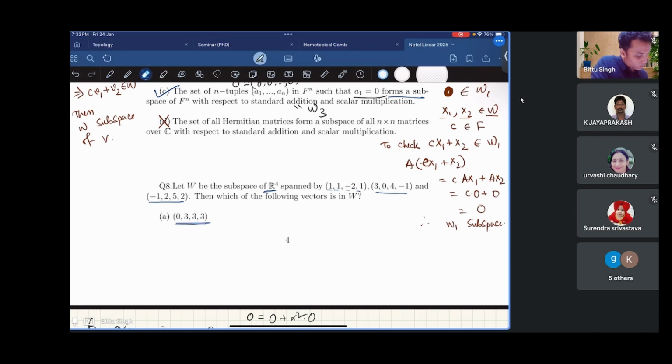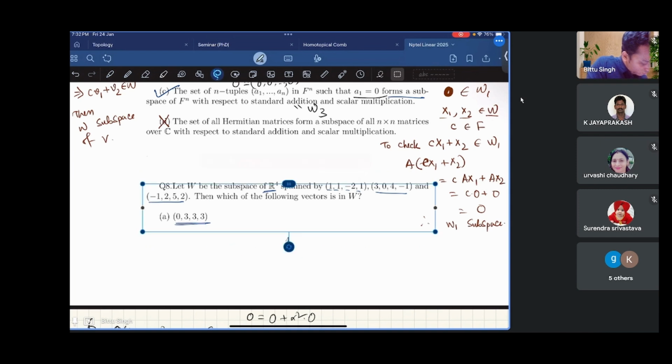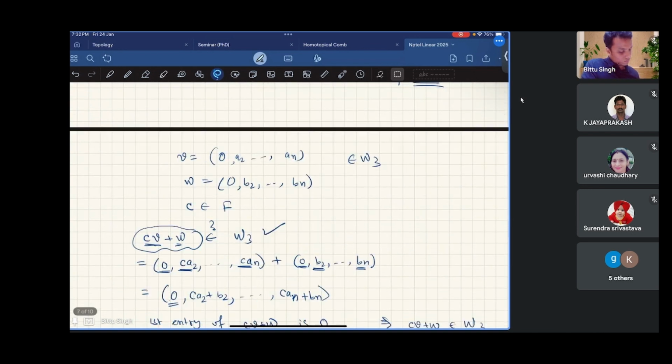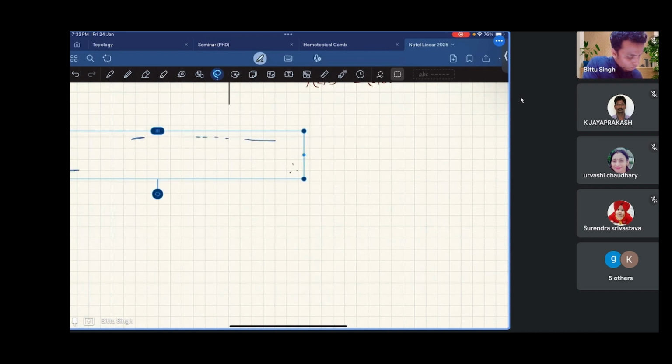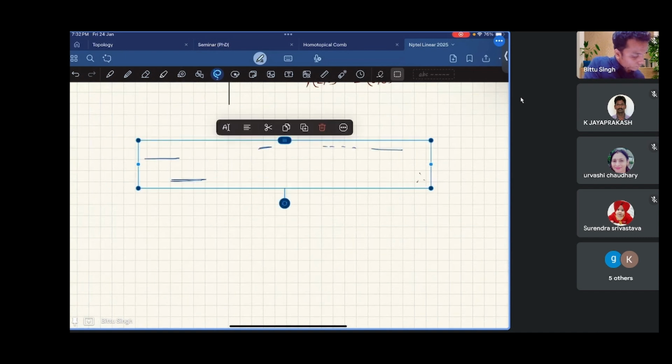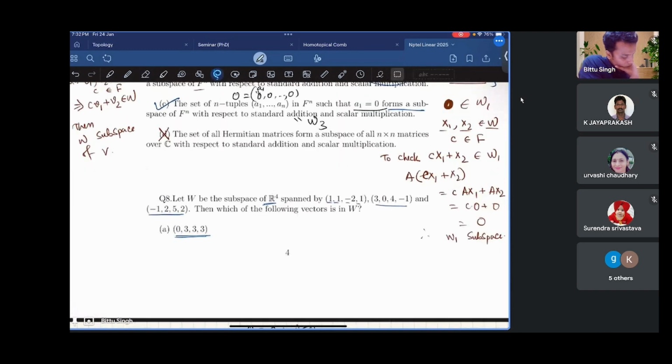So let us write. Oh, this is not allowed. So what can be done? Let me write in this notation.